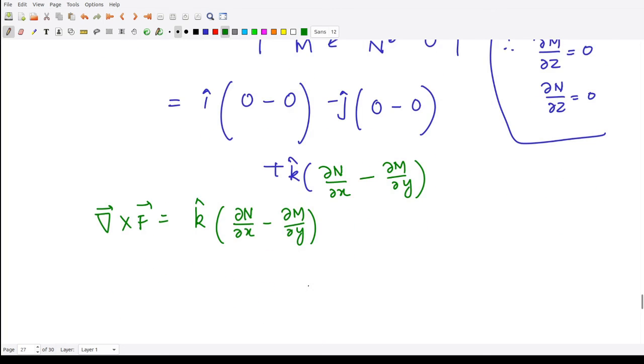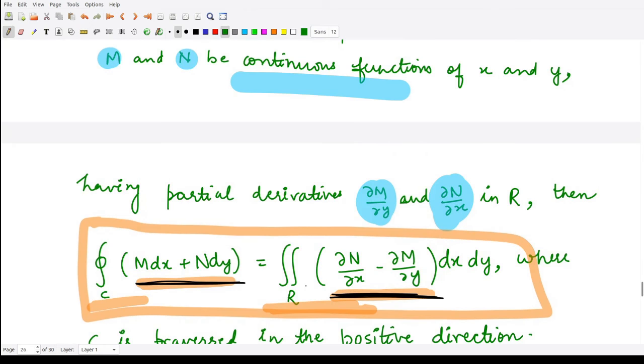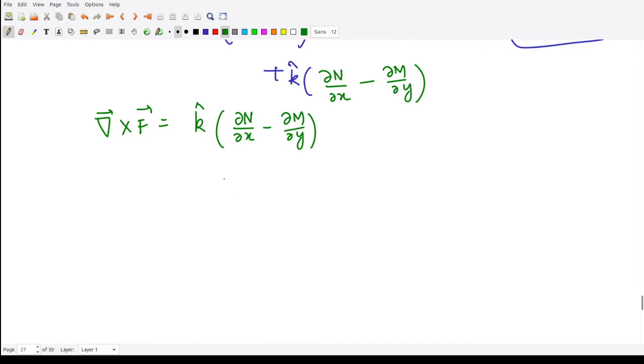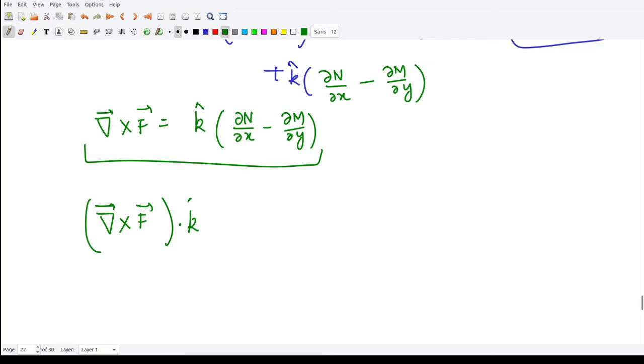Now, because in our Green's theorem we have this term appearing here, we wanted to extract this term from here. So how can we extract this term? If you take the dot product of this whole quantity with vector k, this would become k vector into del n by del x minus del m by del y, dot with vector k.